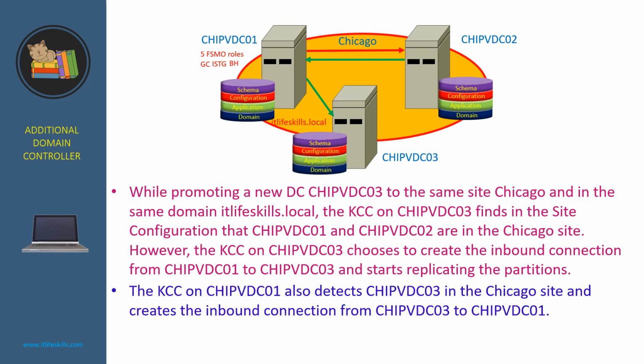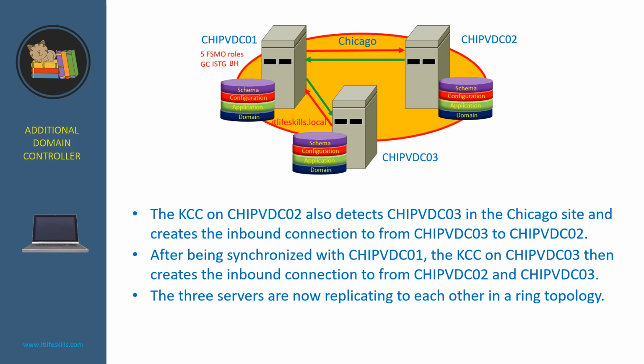The KCC on CPVDC01 also detects CPVDC03 in Chicago site and creates the inbound connection from CPVDC03 to CPVDC01. The KCC on CPVDC02 also detects CPVDC03 in Chicago site and creates the inbound connection from CPVDC03 to CPVDC02.